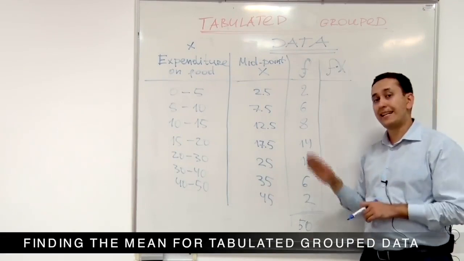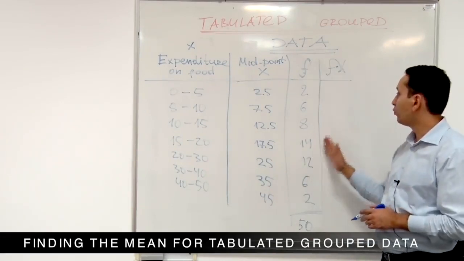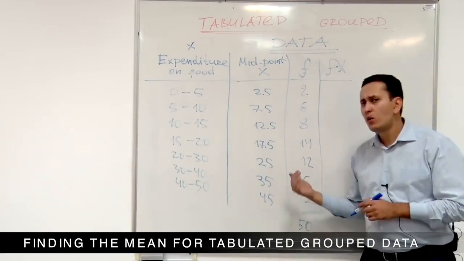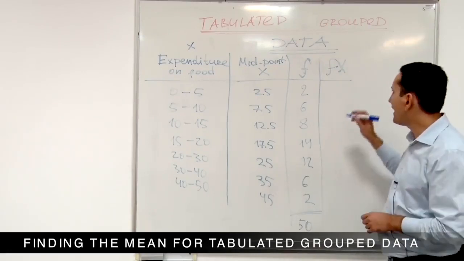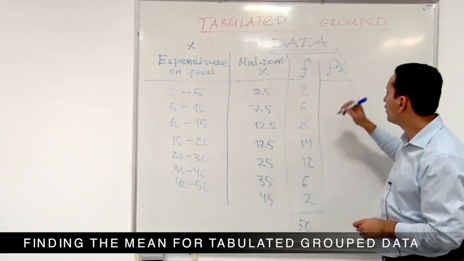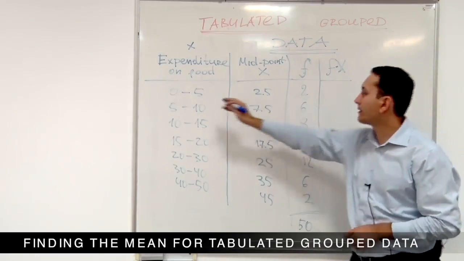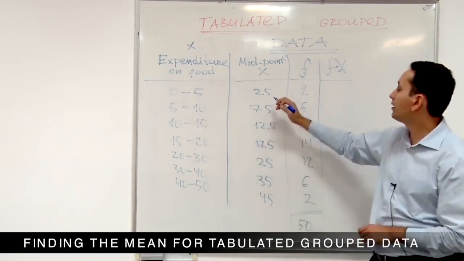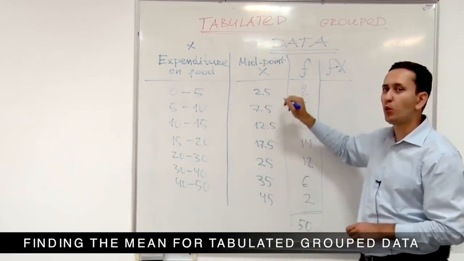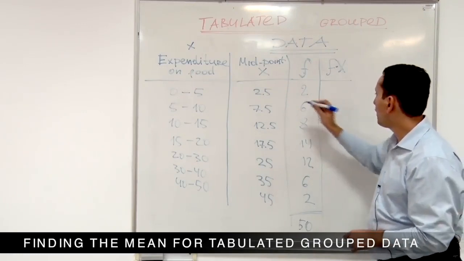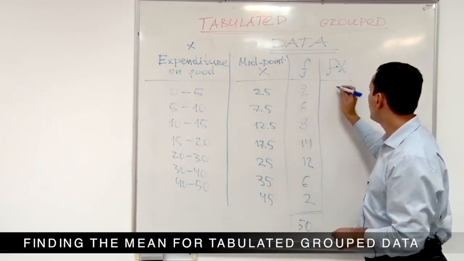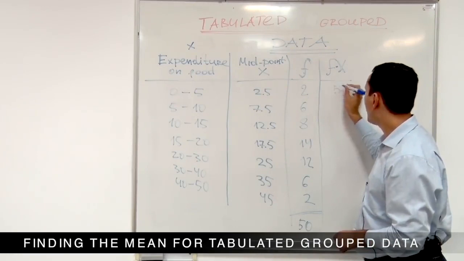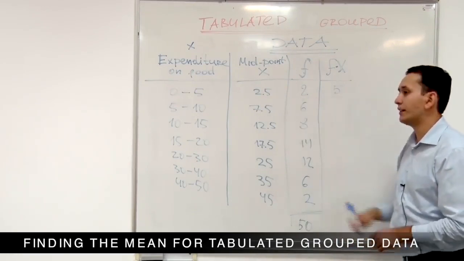Okay, now the next step is, again, we add another column, which is fx. In this case, we don't multiply f by x, but we multiply f by the midpoint. Here, we multiply 2.5 by 2 and we get 5, and so on.